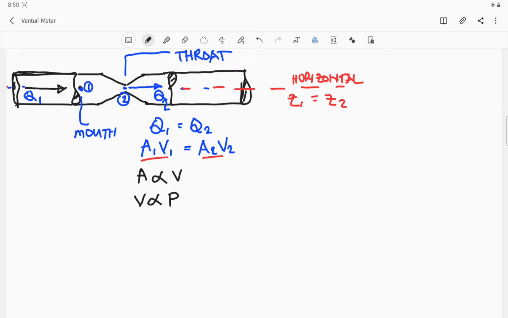But before going to that, we will first establish the equation that can be used to determine the velocity of the flow. As you can see, this is point 1, this is point 2. The diameter at point 1 is basically equal to the diameter of the pipe, since it is the mouth.